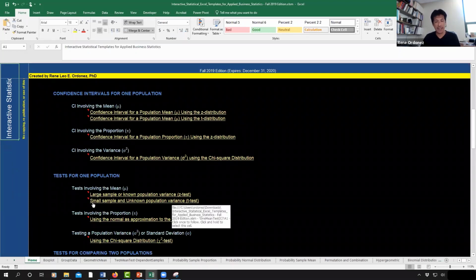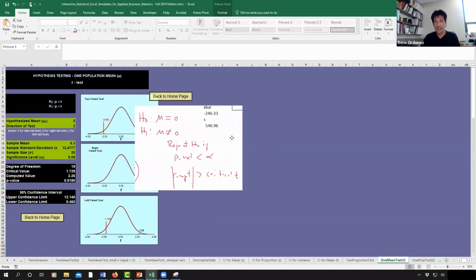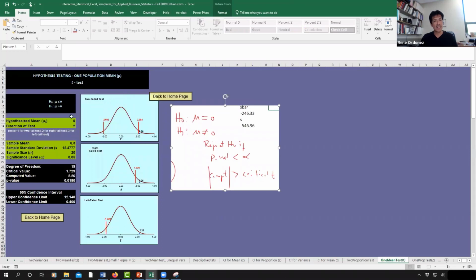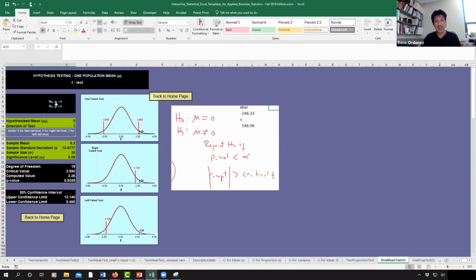Small samples, right? All right, so we'll change the direction of test to 1. Okay, so now we're consistent with the equal and not equal to. And then the sample mean is negative 246.33.